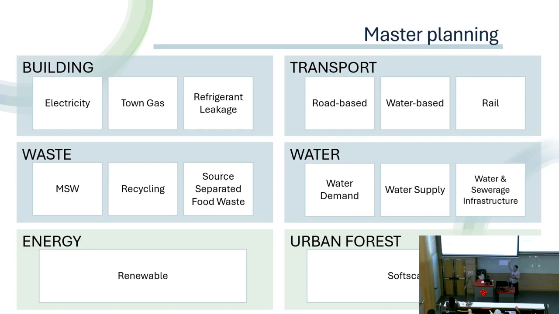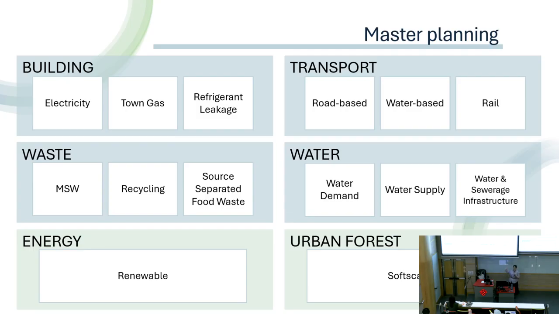The top four blue areas are where it's generating the most carbon. From buildings, we look at generally the electricity or town gas use and the refrigerant leakage. Transport, we look at road-based transport, so general vehicles and public transport. Water-based is more of how water is transported and how it is treated.